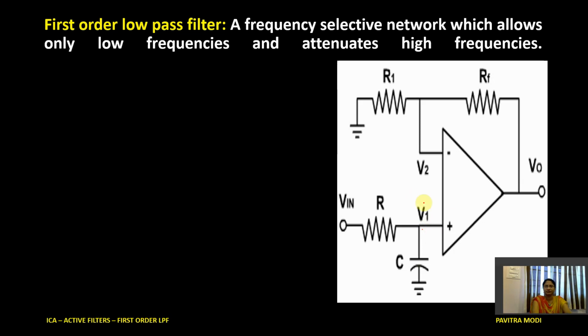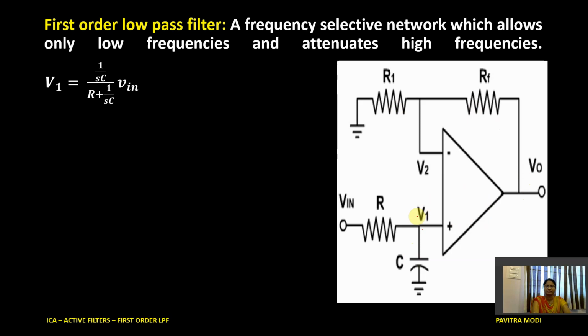And that's why we prefer to use the non-inverting amplifier configuration of the operational amplifier. This circuit seems to be simple because we have RF and R1, and initially we form a low pass circuit, and the output of the low pass circuit is applied as the input to the operational amplifier. Therefore this RC section will behave as a low pass filter, and we are going to prove the same. As this is connected in non-inverting configuration, V0 can simply be written as (1 plus RF by R1) into V1.